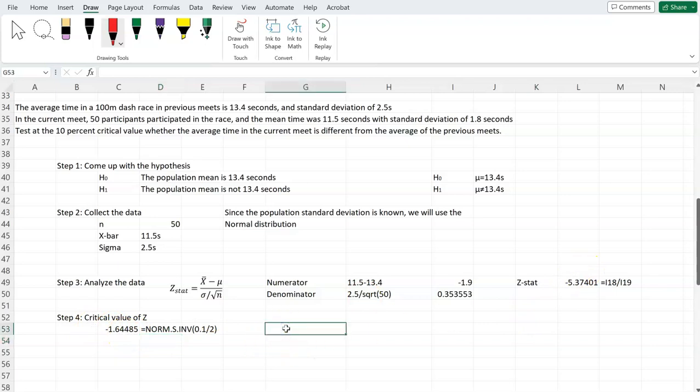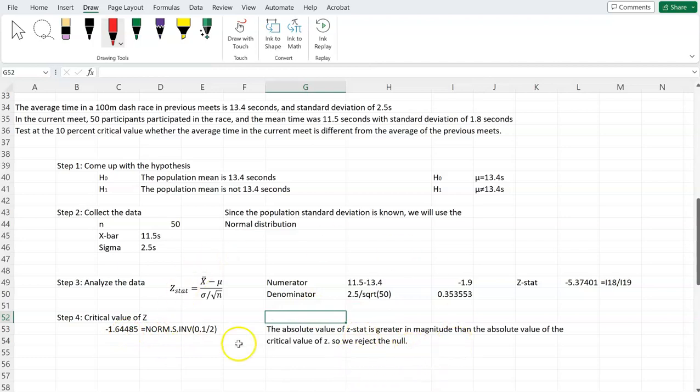And this is the z-stat I have. So again, if I drop the negative sign, 5.37 is greater than the absolute value of this number, which is 1.64. So the absolute value of the z-stat is greater in magnitude than the absolute value of the critical value of z, so we reject the null. This is one way of doing it.